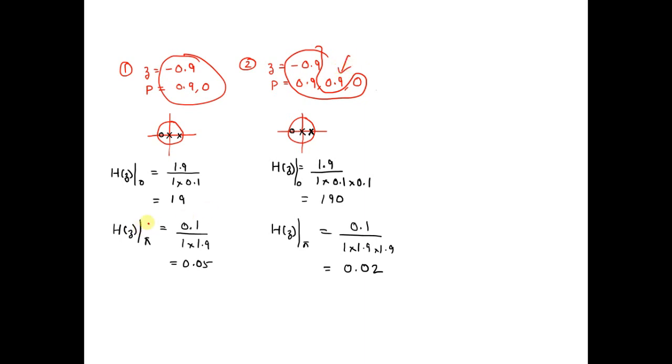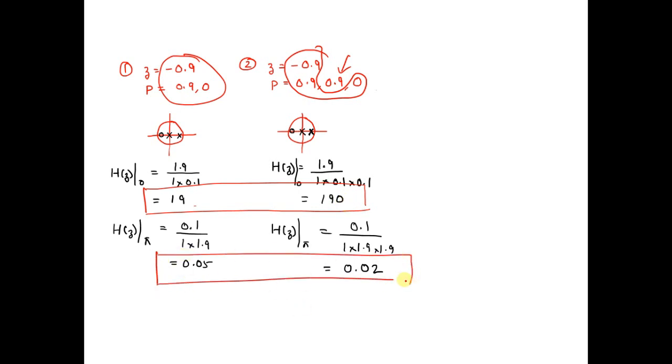Now if you see the effect, where it was 19, it becomes 190, here it has come down. So a pole over a pole would improve the amplitude response at omega naught.